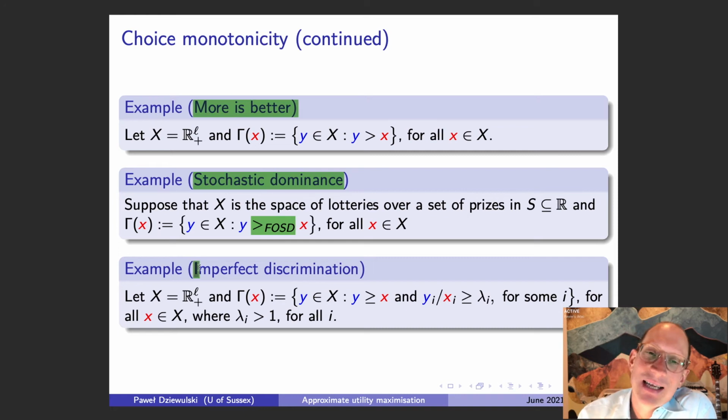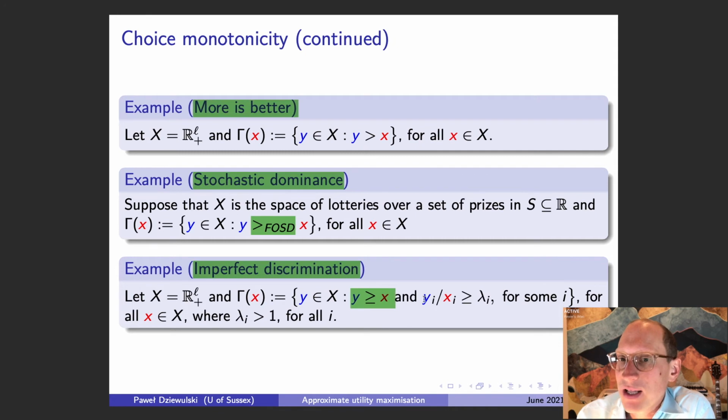Another one, which makes less sense with utility maximization but is quite interesting when you want to talk about approximate utility maximization, is this idea of imperfect discrimination, where a bundle is superior to X if it's greater in each coordinate and significantly greater in at least one of the coordinates, so the ratio of the goods in that dimension is greater than some constant. For those who know the Weber-Fechner law from psychology and psychophysics, this is where the inspiration is coming from. These are just examples.